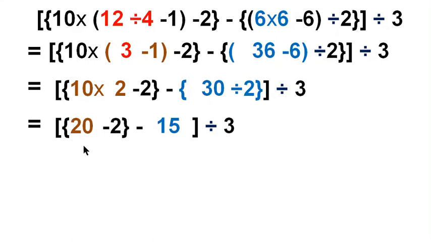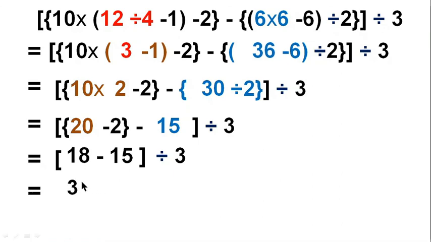In the next step, we just subtract here. If we subtract, our difference will be 18, and just write down all these here same. And here just subtract. If we subtract 15 from 18, we can get 3.